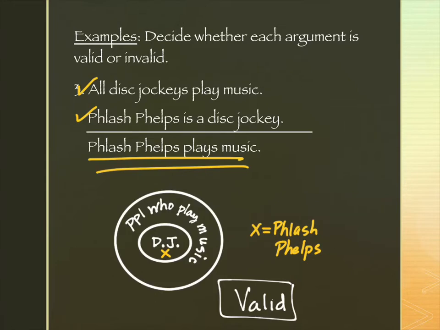Okay, so many of your problems can look like these, right? They're asking you to decide if something's valid or invalid. And what you're doing is you're creating a diagram in order to make such a decision. Okay? We're going to flip it around now. We're going to be given a diagram, and we're going to create some kind of a structure of language that might be a fitting argument that could be made.